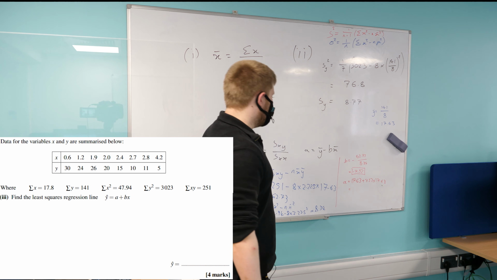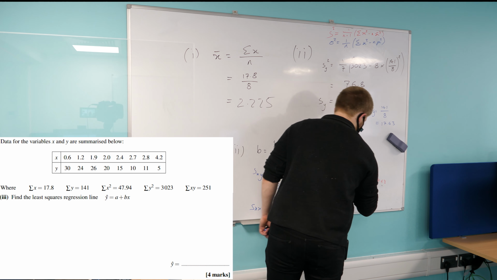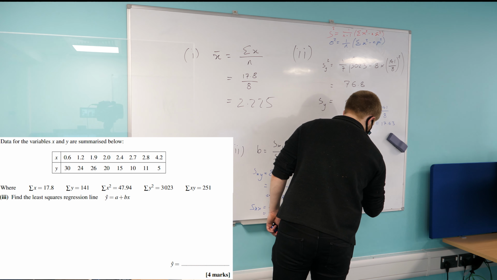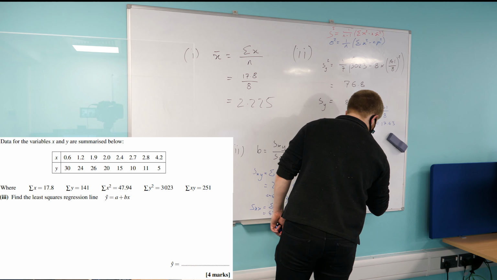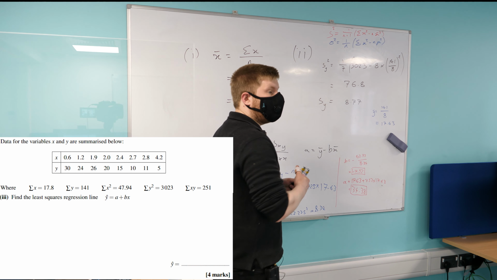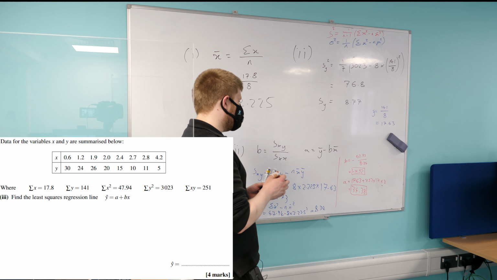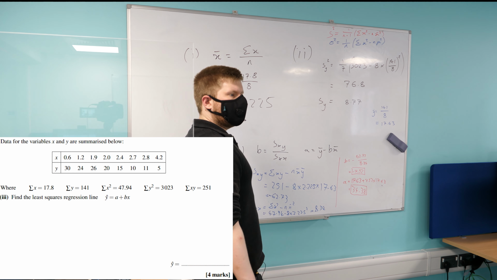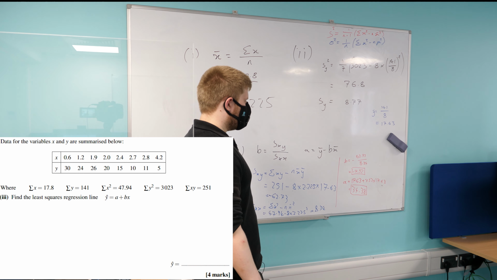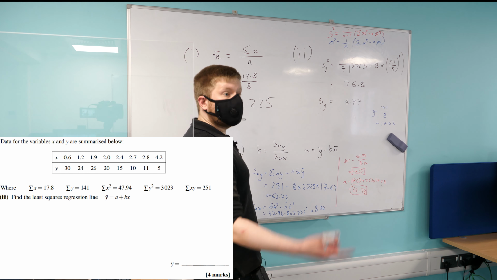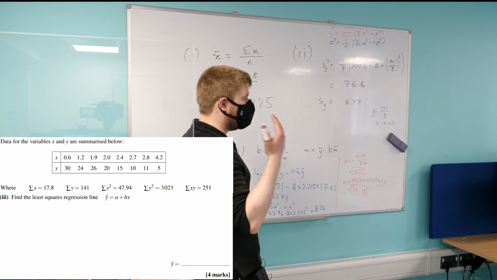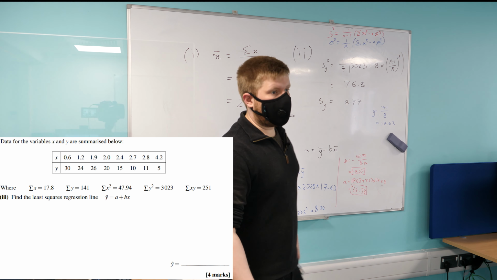So what do we get there? 34.38. Now just remind me, what part of the line does this 34.38 correspond to? How would you describe it? Yes, the y-intercept, perfect. So in other words, if x was 0, this is what we're expecting.